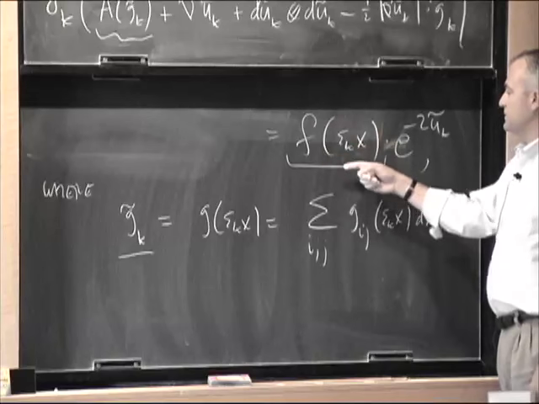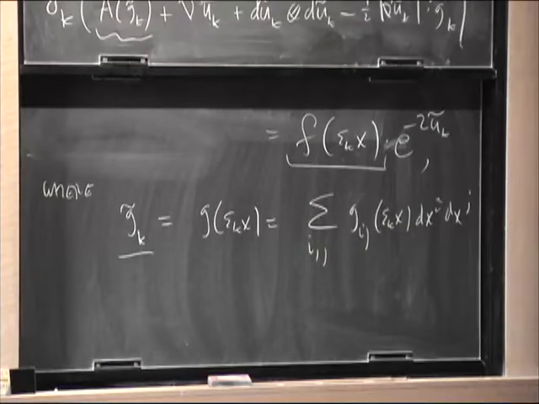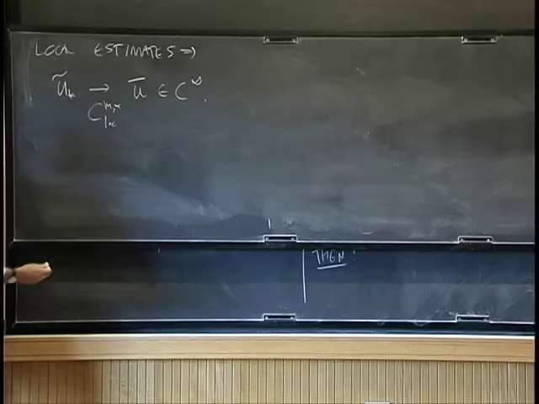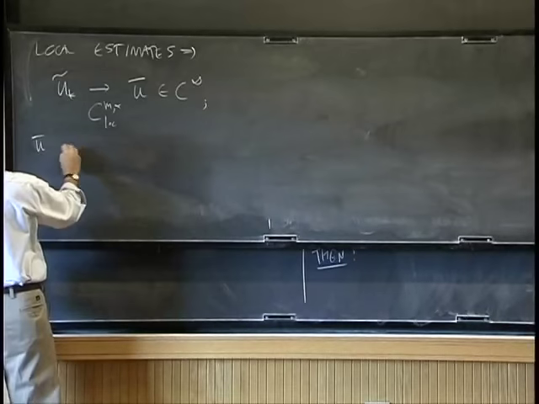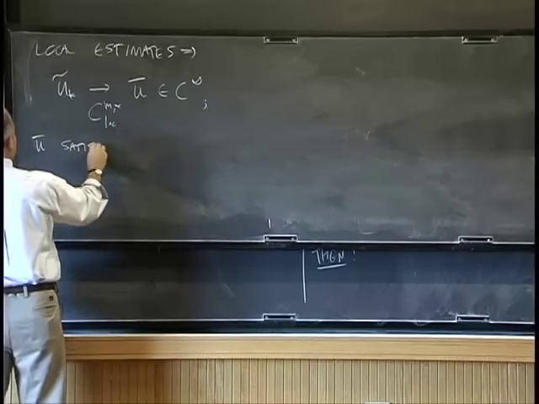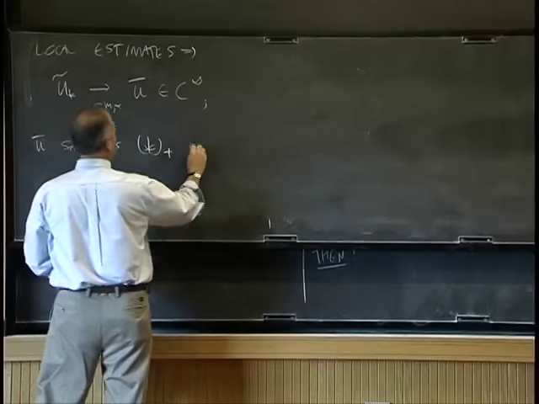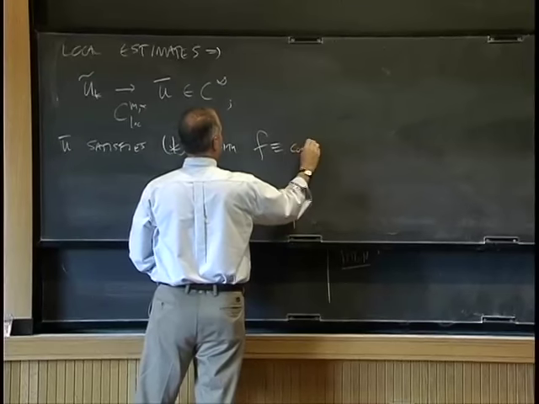So f is some fixed function, so you get a constant on the right-hand side. So you get a solution of the sigma_k equation with a constant there. So u bar satisfies our equation with f equal to a constant.